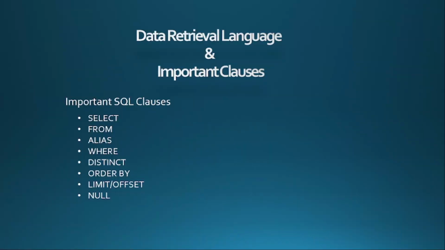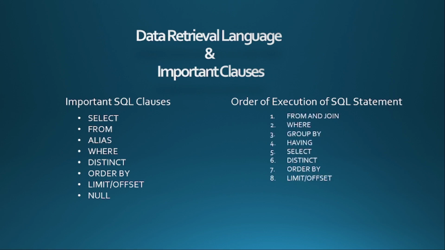The next important topic is the order of execution of SQL statements. While executing a select statement, in which order are all the clauses executed? In general, this is the execution order that a SQL statement follows. Whenever we write a select statement with all these clauses, and other filter conditions, group by conditions or join conditions, the SQL order of execution will be in this order in general.